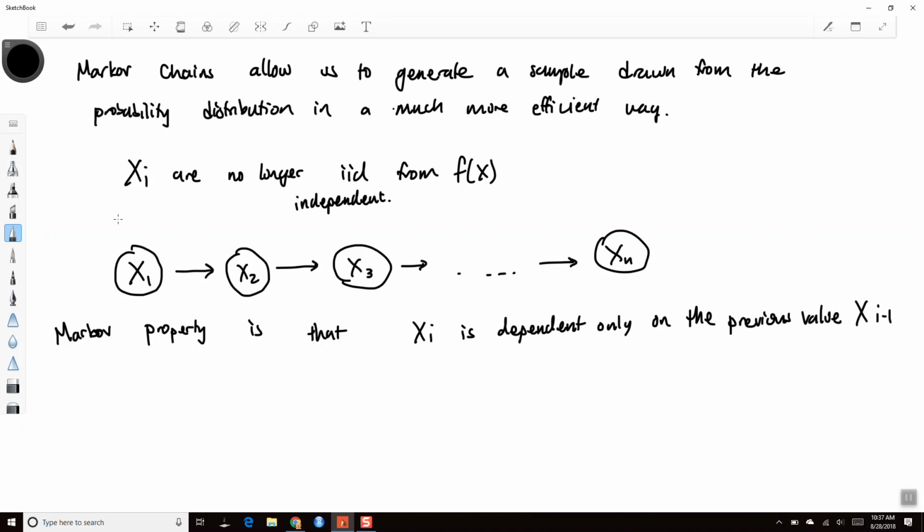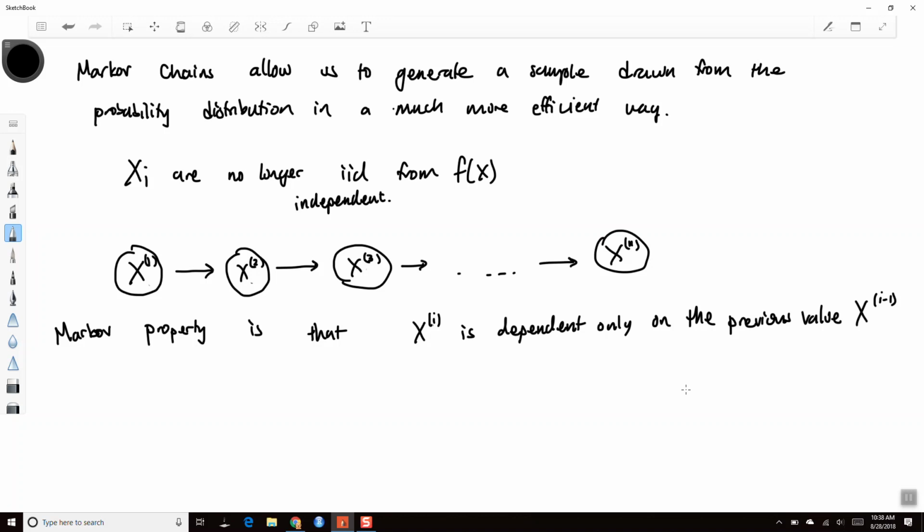I'm going to change all of these from subscripts to superscripts. I apologize. So x at time i is dependent only on the previous value, x at time i minus 1. Okay, and so that's the Markov property.